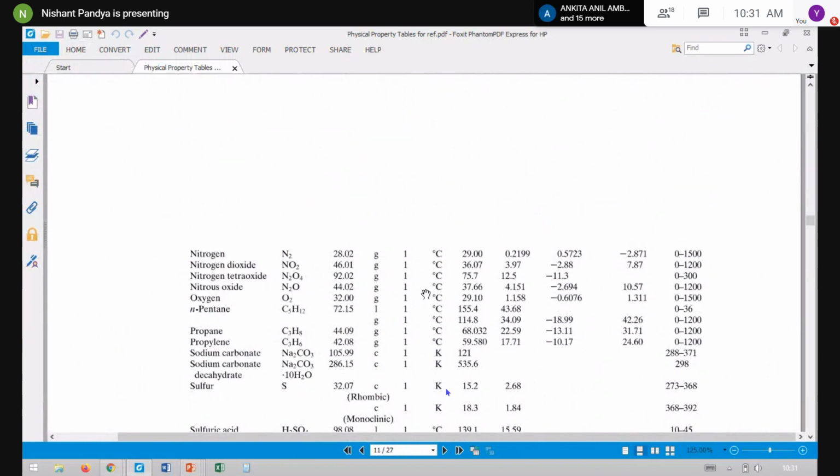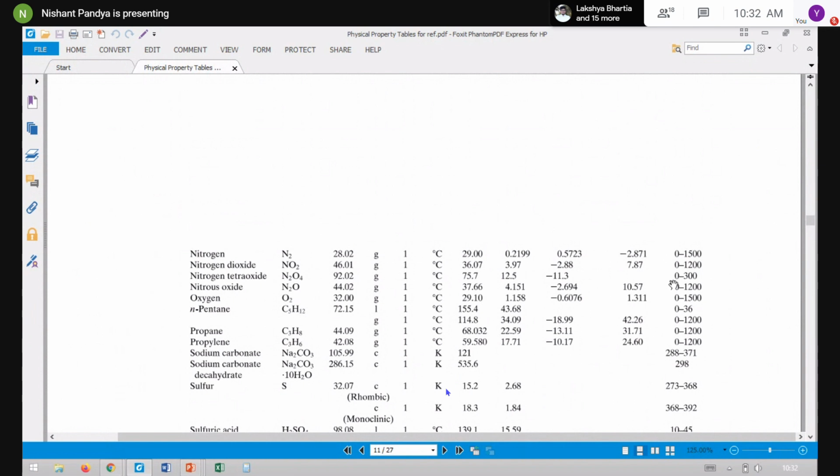For oxygen gas phase, this is the formula. The formula form is A plus BT plus CT square plus DT cube. And the validity range of this equation is 0 to 1500 degrees Celsius. Within that range, you will get the correct value. Otherwise, you will get an incorrect answer because the ABCD values are derived based on this range. So you know how to do this one.